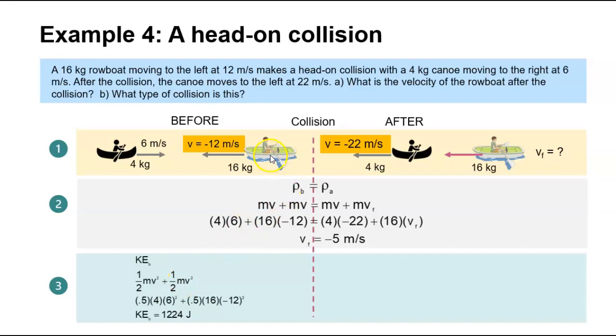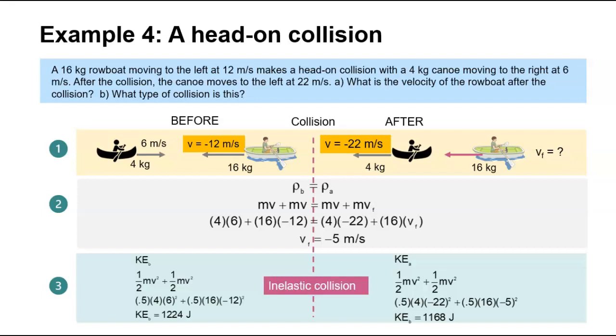Notice for the rowboat, I put in the velocity of -12, but when I square it, it's going to turn positive. And I end up with 1224 joules before. And then after, I have two pieces. So I did a 1/2 mv squared plus 1/2 mv squared, and I got 1168. So you can see there's a slight loss of kinetic energy, and nothing is stuck together. So this would be an inelastic collision.